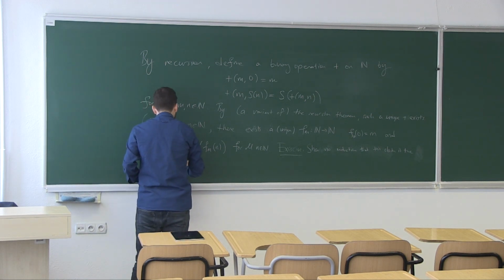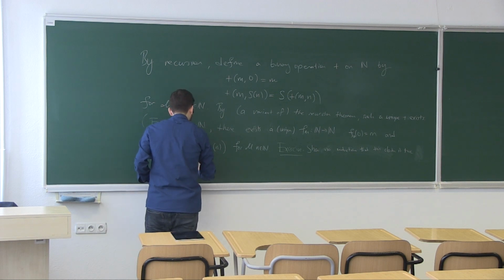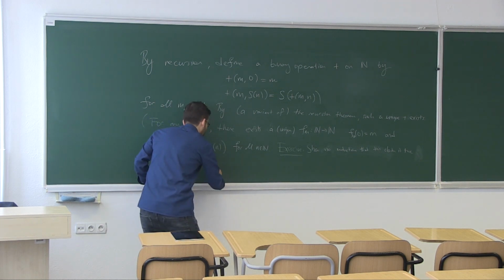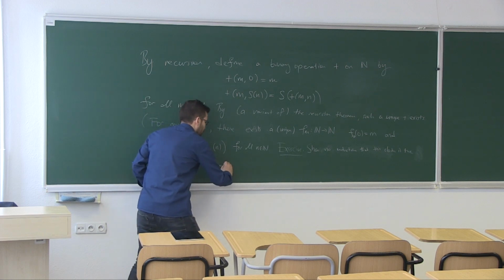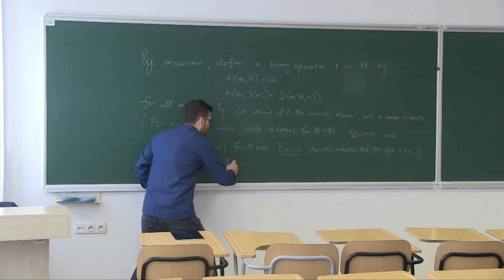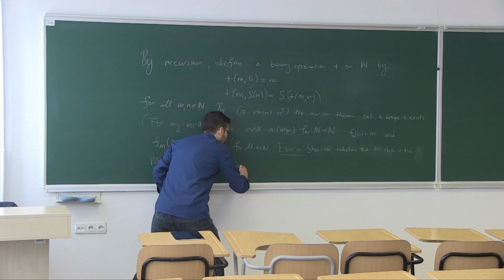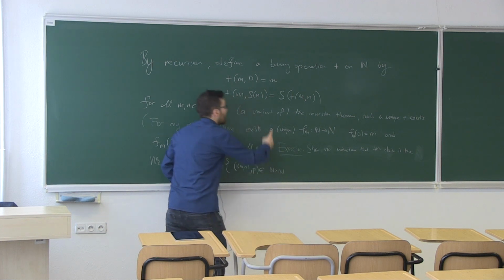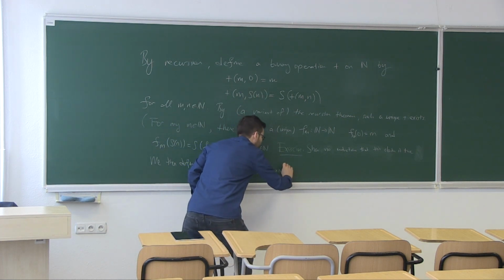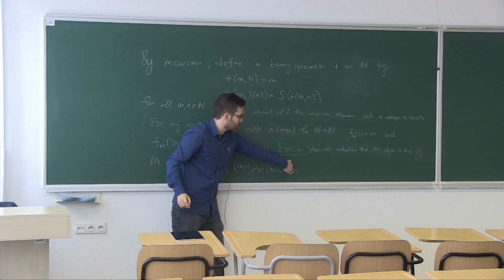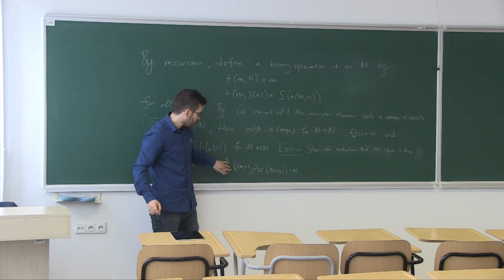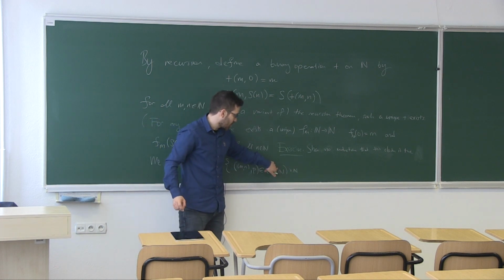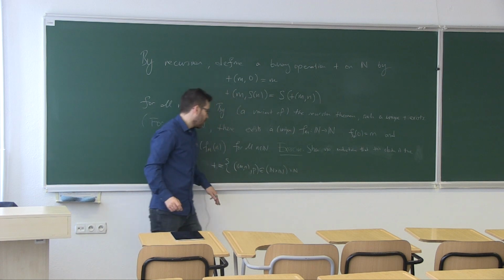We then define the addition operation on the set of natural numbers to be the following set. This is supposed to be a binary operation on natural numbers, so it's supposed to be a function from N cross N to N. In particular, it's a relation from N cross N to N, so it's a subset of that.